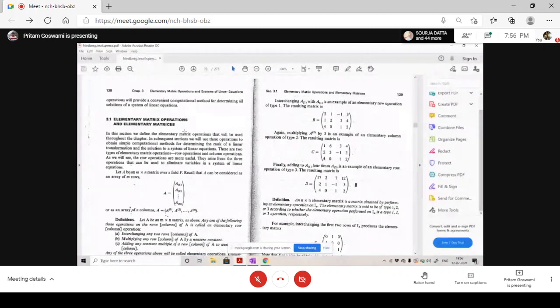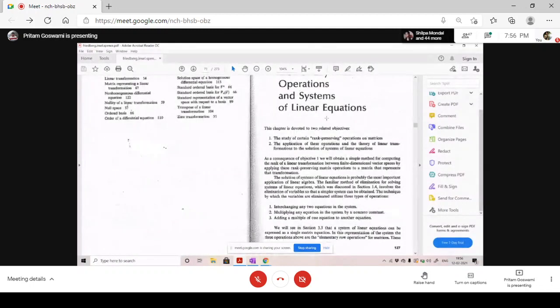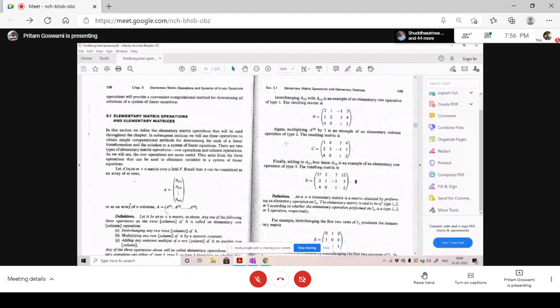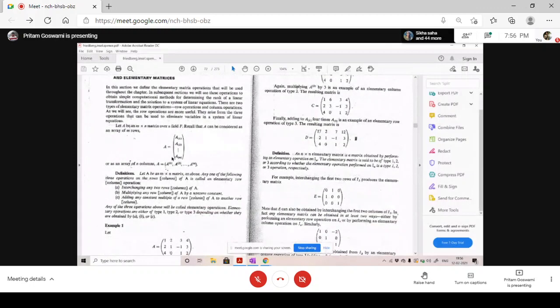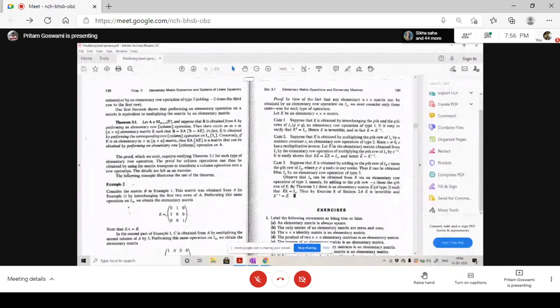That technique is developed from matrices only. We will formally define and teach it in the next class, or I will start it in the class after that. In the next class I will be teaching you the elementary matrix operations, and from there you can find the rank of the matrix. If you get the rank of the matrix, then the null space will be there also by the rank nullity theorem.